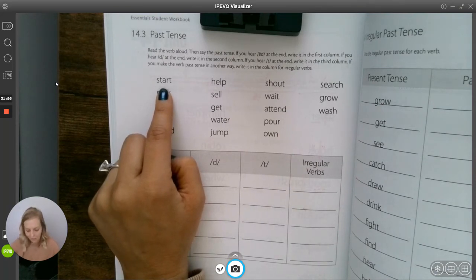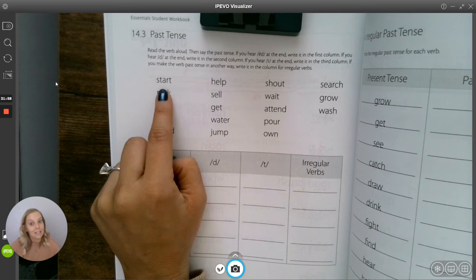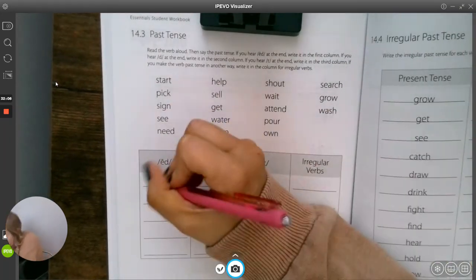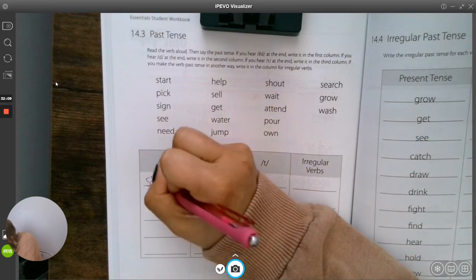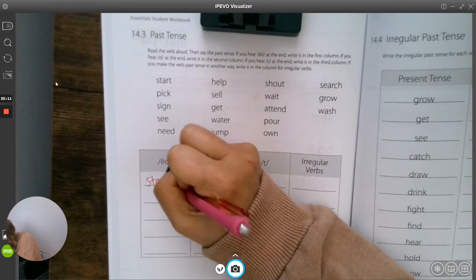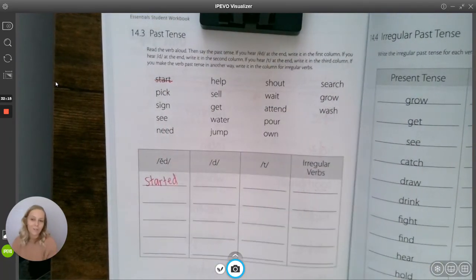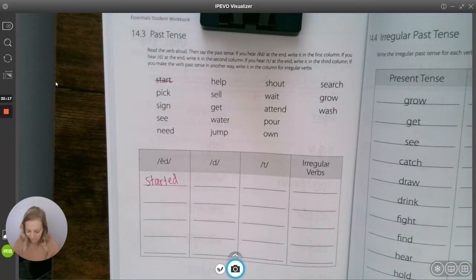And what sound do we hear the past tense ending saying in this word? Started. We hear ed. Very good. So we're going to write started under the column ed. Good. And I'm going to cross it out so I don't forget that I've already done that one.